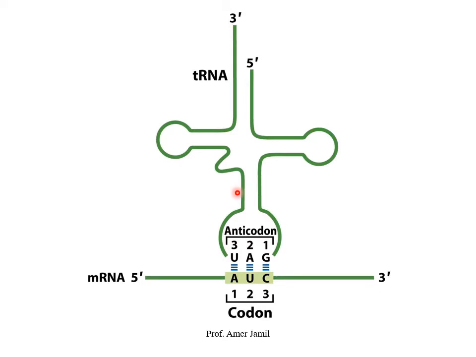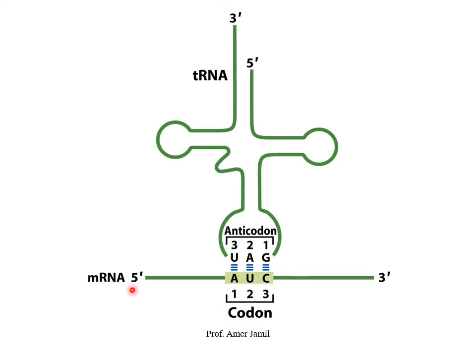And this is a typical anticodon-codon interaction. This is with the help of hydrogen bonding, and both of these are complementary to each other. This anticodon is present inside the transfer RNA, on one side of the transfer RNA, and the codon is present in the messenger RNA.